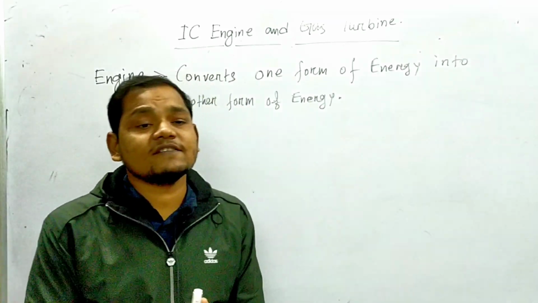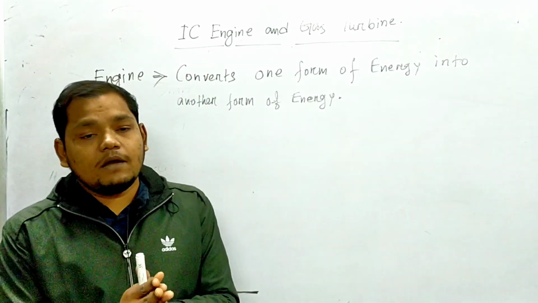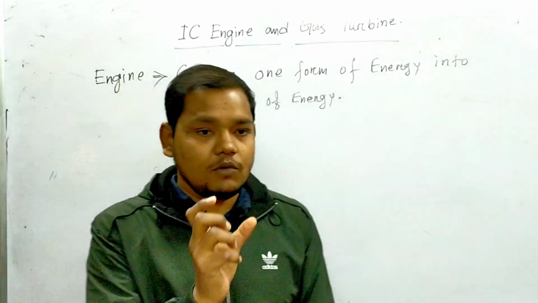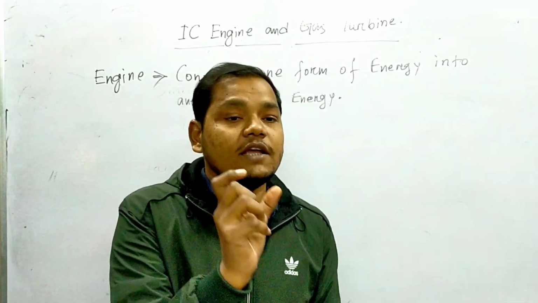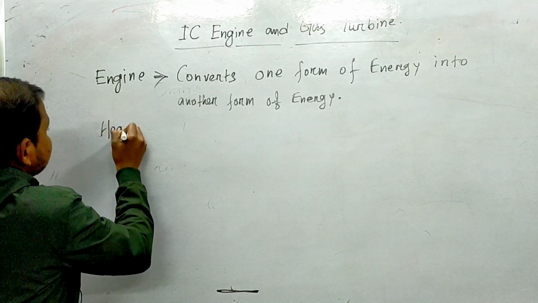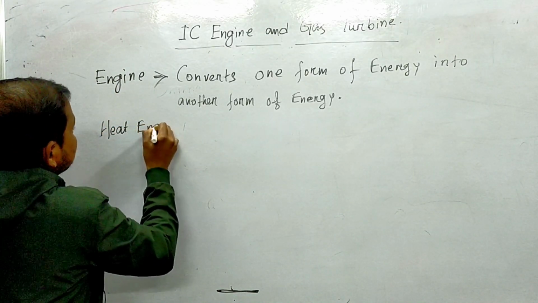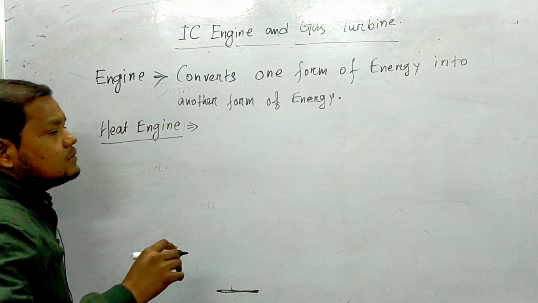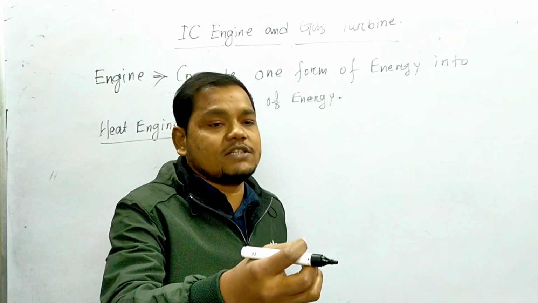There are various types of engine. Mostly for this subject we will be discussing the heat engine. What type of engine? Heat engine. Now, what is the purpose of a heat engine? A heat engine generally transfers the chemical energy of fuel into thermal energy.